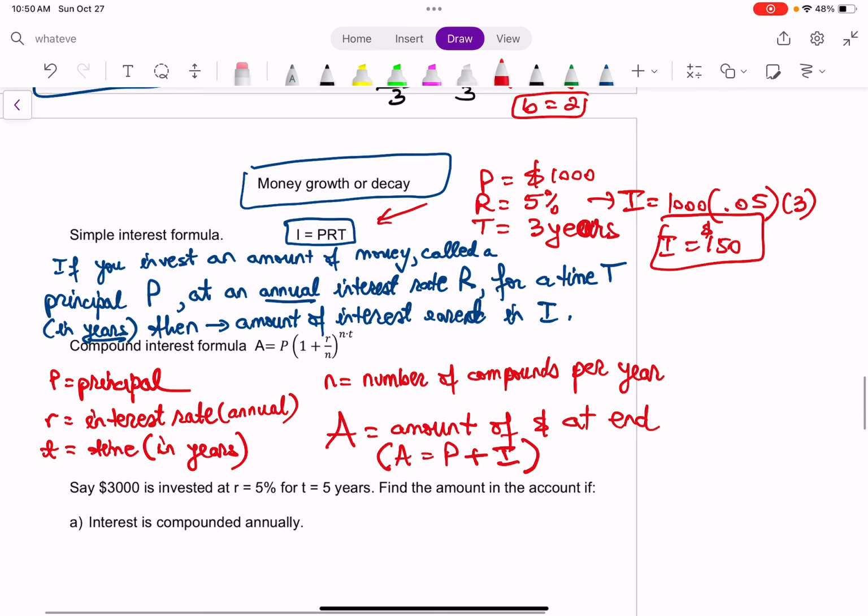So for this story here, A would be the $1,000 you invested plus the $150 that you earned. So in the end, you will have $1,150 in your account, right? So you're not losing your 1,000. A is what you have at the end, principal plus the amount of interest earned on your principal.